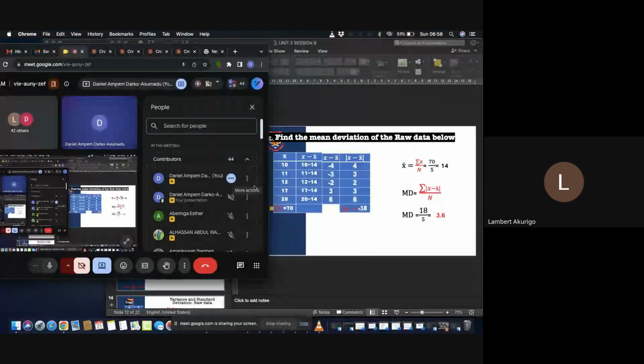The total is equal to 100. Dividing it by the n, the number of values, when you divide it by n, you are getting 20.